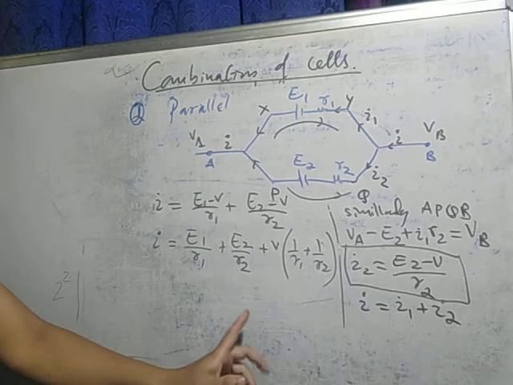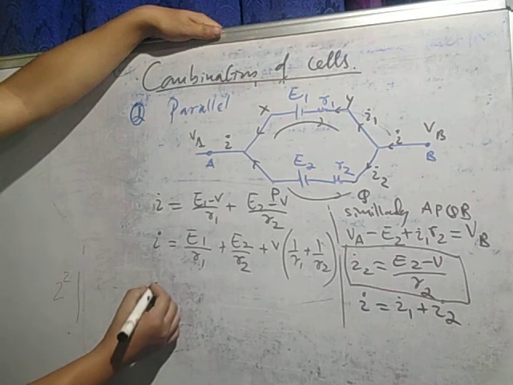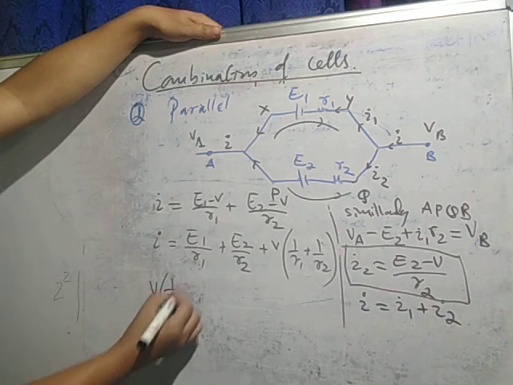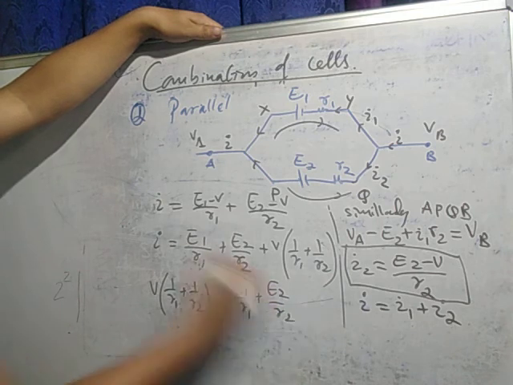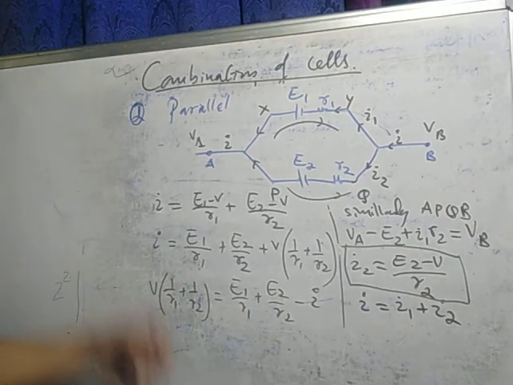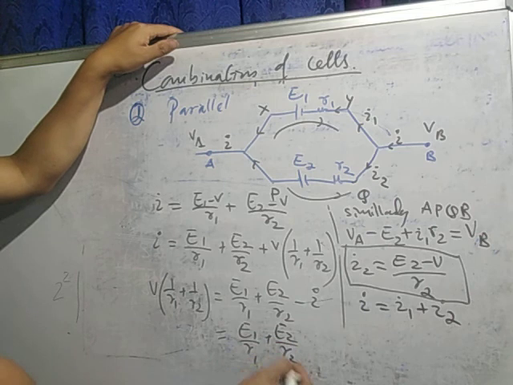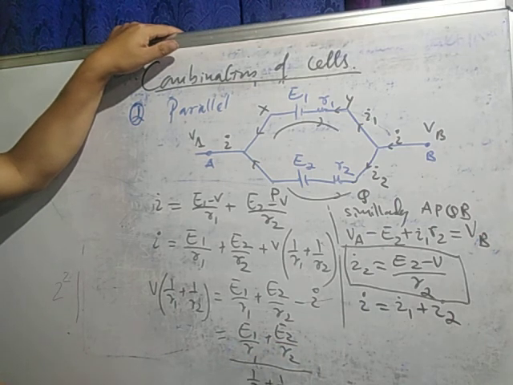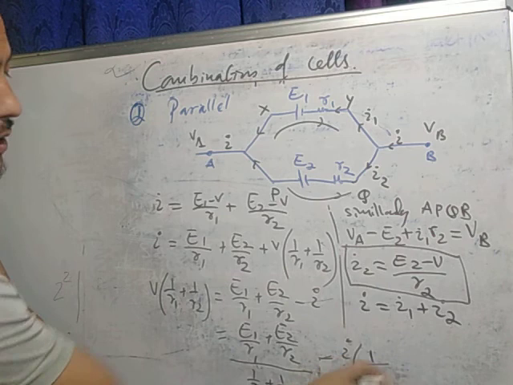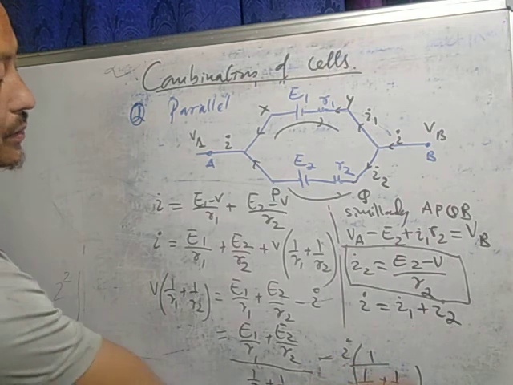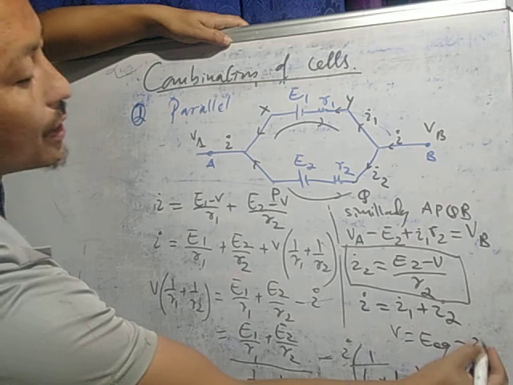Clear? Did you understand the steps? It is understandable, but if you come to prove it on your own it gets hard. Okay, so bring V here and take I there. So V times (1 by R1 plus 1 by R2) equals to how much? E1 by R1 plus E2 by R2 minus I, isn't it? Now what happens, divide by it, isn't it? So divide, you'll get E1 by R1 plus E2 by R2 divided by 1 by R1 plus 1 by R2. Clear? So minus I divided by 1 by R1 plus 1 by R2. So again, if you compare with V equals to E equivalent minus I R equivalent, isn't it?